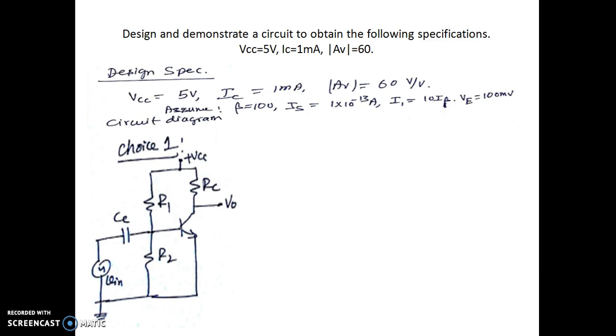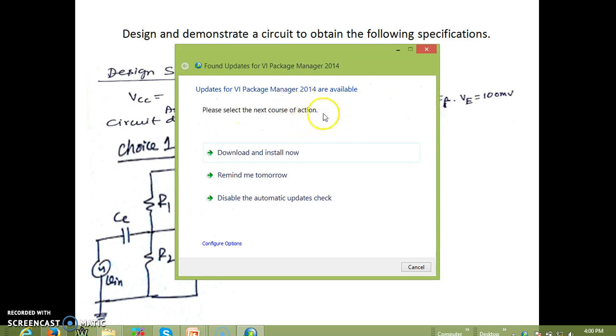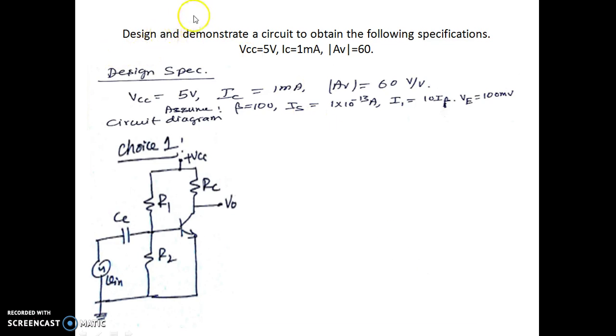Now we shall see some amplifier designs. We are asked to design and demonstrate a circuit to obtain the following specification. Expected gain is 60 from a power supply of 5 volt, and we are assuming a collector current of 1 milliampere.